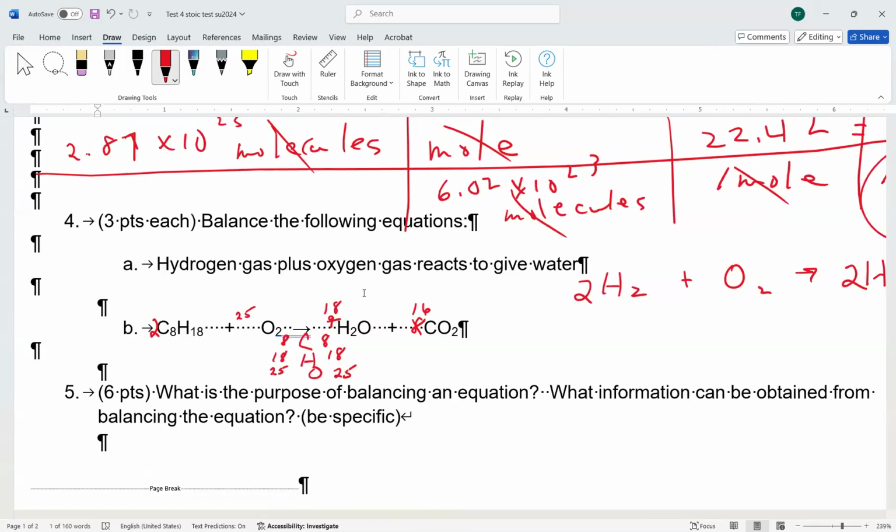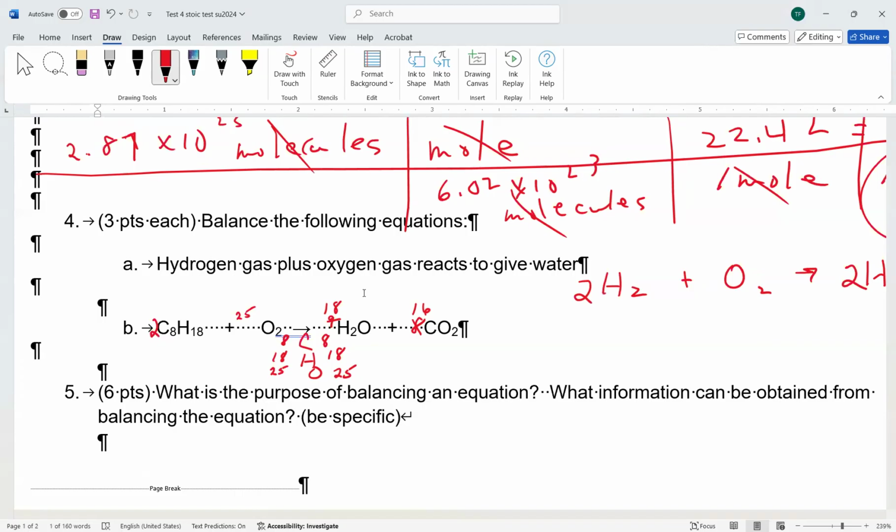What's the purpose of balancing an equation? Remember in stoichiometry, that middle step comes from the balanced equation. So if you don't have a balanced equation, the middle step, you can't do.